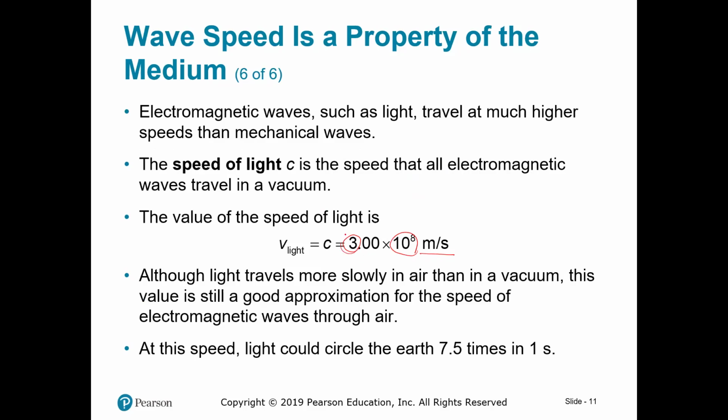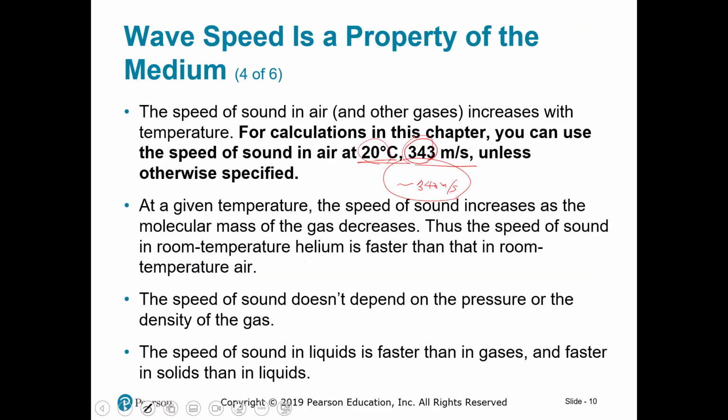So basically that means light travels extremely fast. Whenever somebody turns on a light, you can immediately see it. But if somebody generates a sound, you hear it sometime later because it travels at a much slower speed.